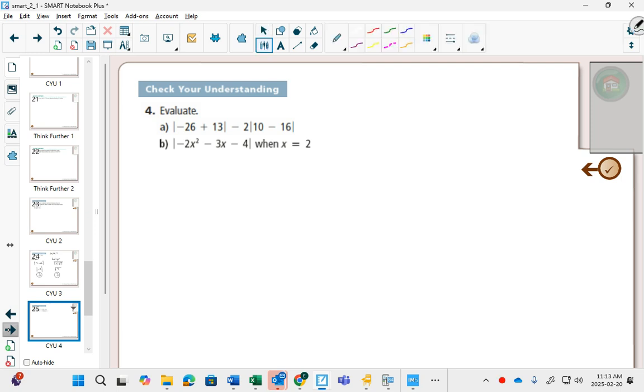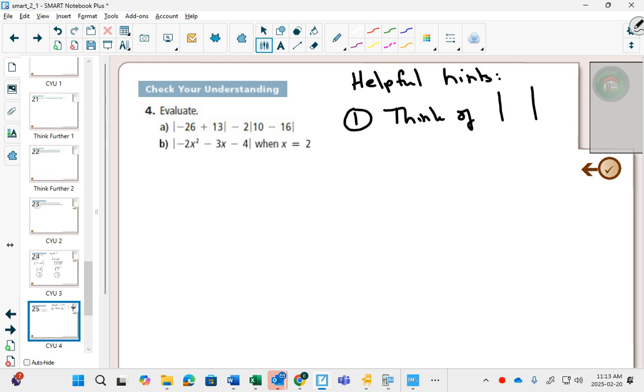Now, with absolute values, there are some very easy ways to make little mistakes. So I'm going to give you, off to the side here, some helpful hints, 2 of them. Helpful hint number 1: think of absolute values as brackets.